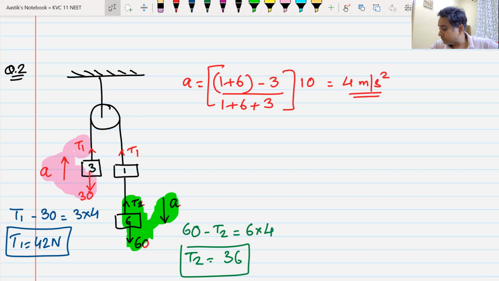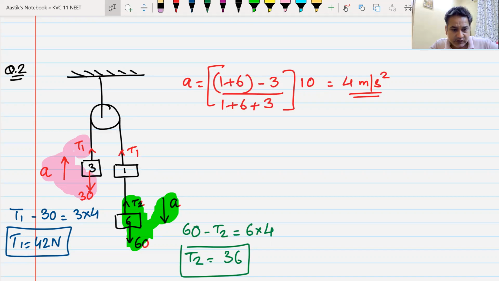Okay, so in today's class, we will start with one of those questions where we find out the tension in the string, and I hope you would be able to do that question.